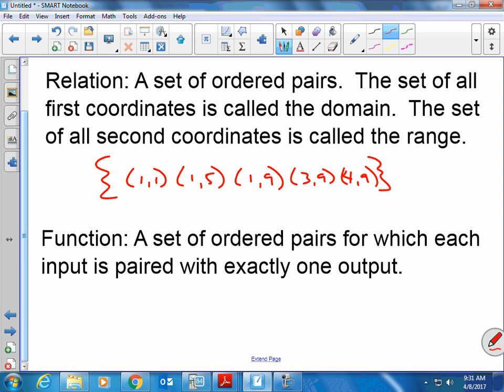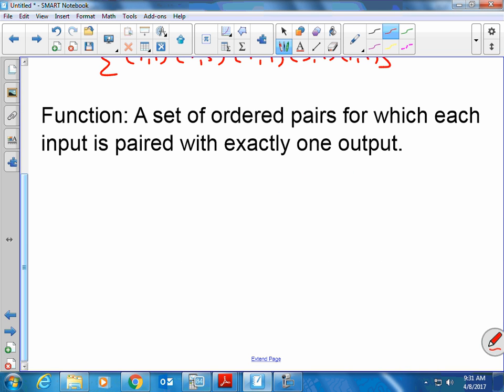Now it does have a restriction. They don't have to be x and y, but typically they are. So every input has to match up with exactly one output.